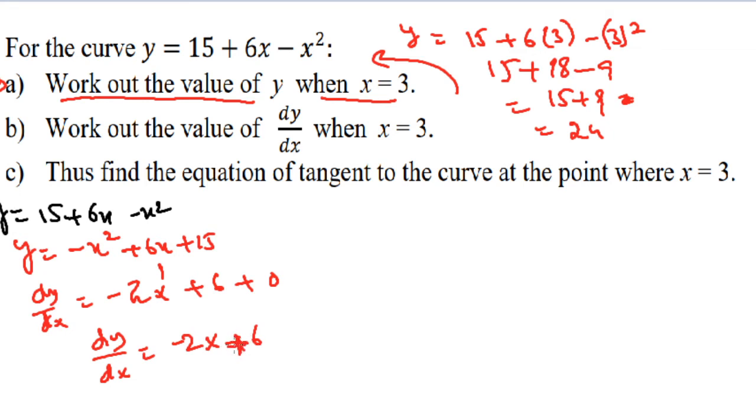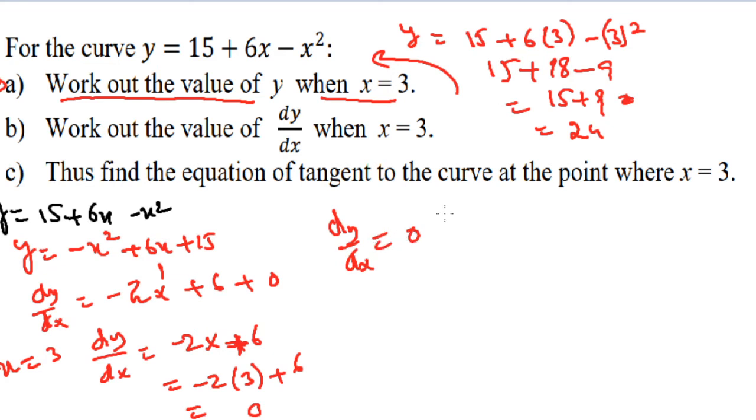They say work out the value of dy dx at 3. If we substitute the value of x as 3 here, it becomes minus 2 into 3 plus 6, which becomes 0. So dy dx becomes 0 here.